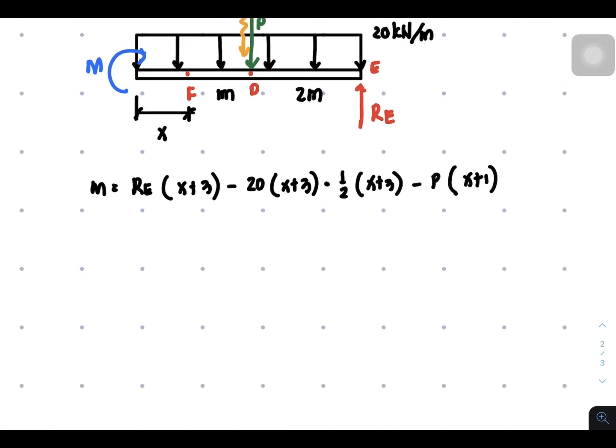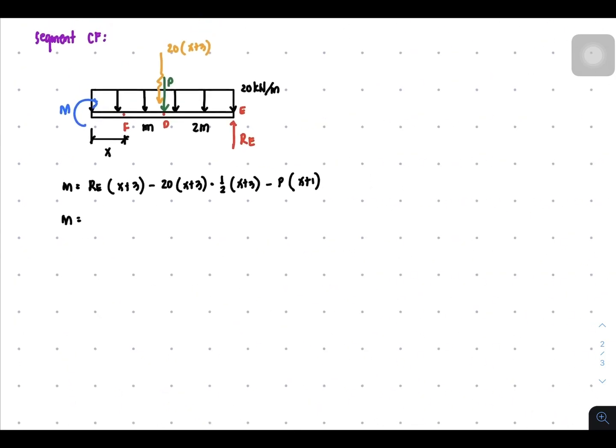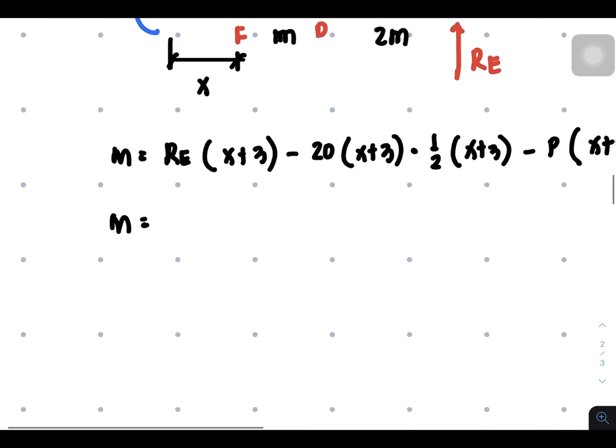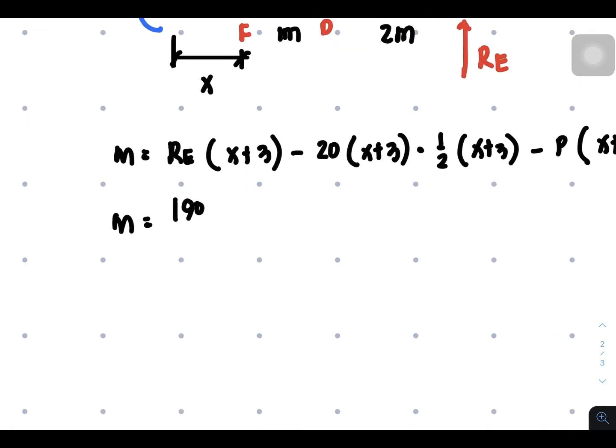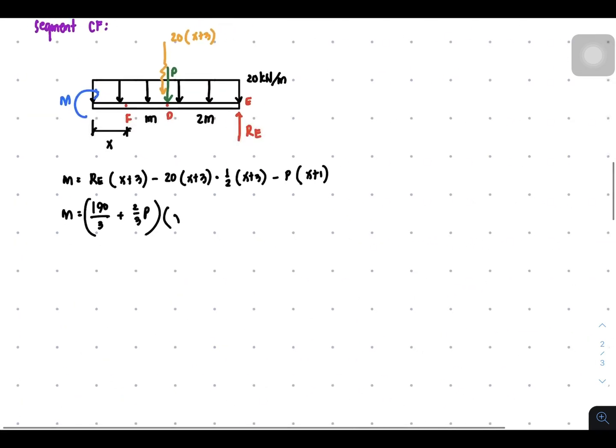So do not forget to simplify. RE is 190 over 3 plus 2/3 of P. Then multiply it with x plus 3 minus 10 times x plus 3 squared minus P times x plus 1.